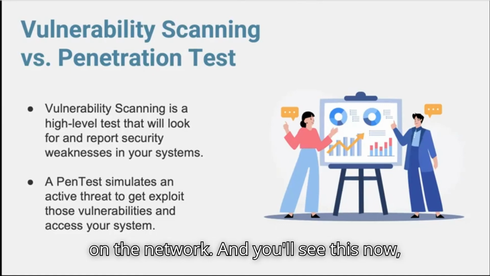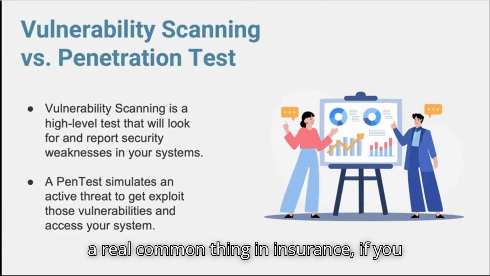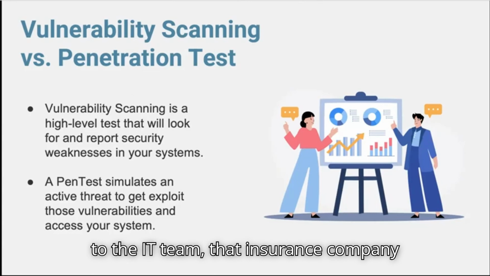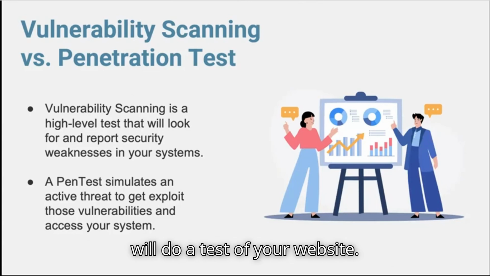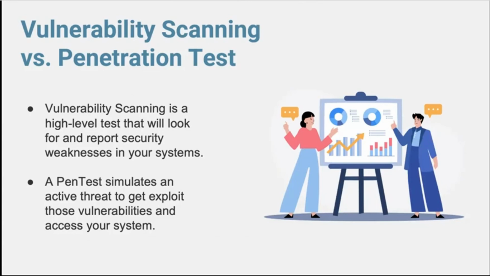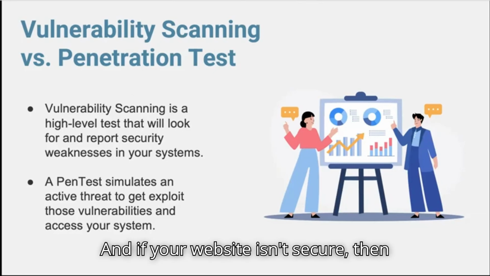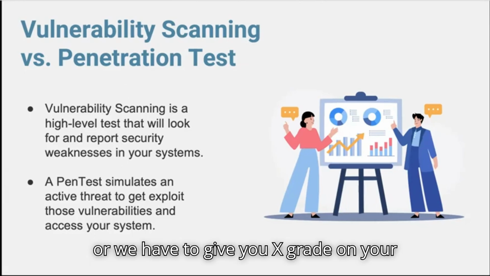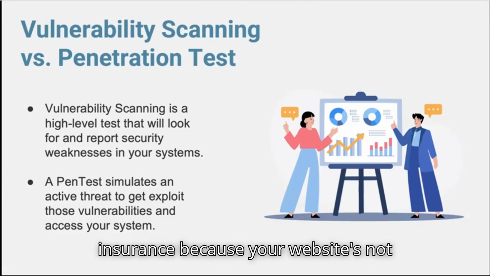And you'll see this now. A real common thing in insurance, if you haven't run across it before, is unrelated to the IT team. That insurance company will do a test of your website. And if your website isn't secure, then they will say, hey, we can't insure you, or we have to give you X grade on your insurance because your website's not secure.